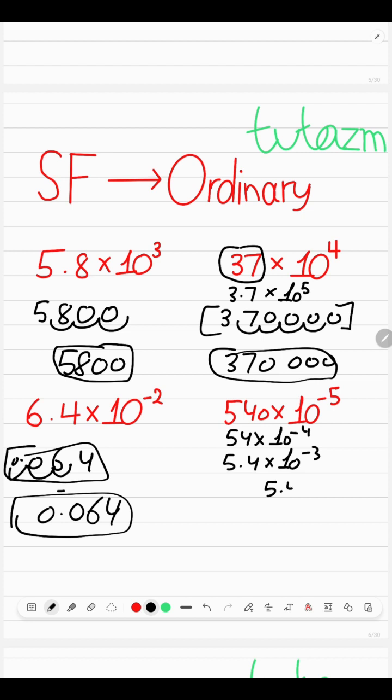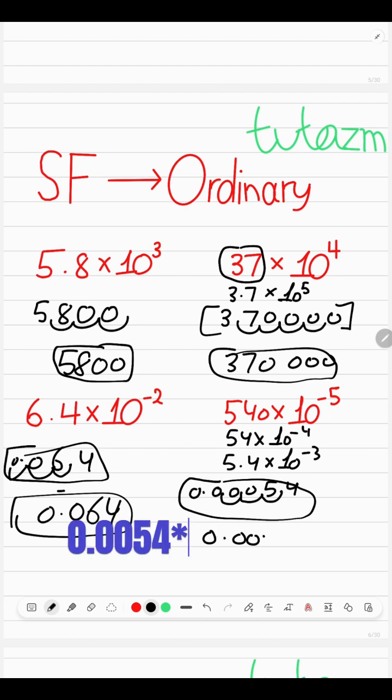We can then have the 5.4 here, then it moves 1 across, and put 0 here, another 1 across, put another 0 here, another 1 across, put another 0 here, and then 0 point. So that is our final answer, 0.0054.